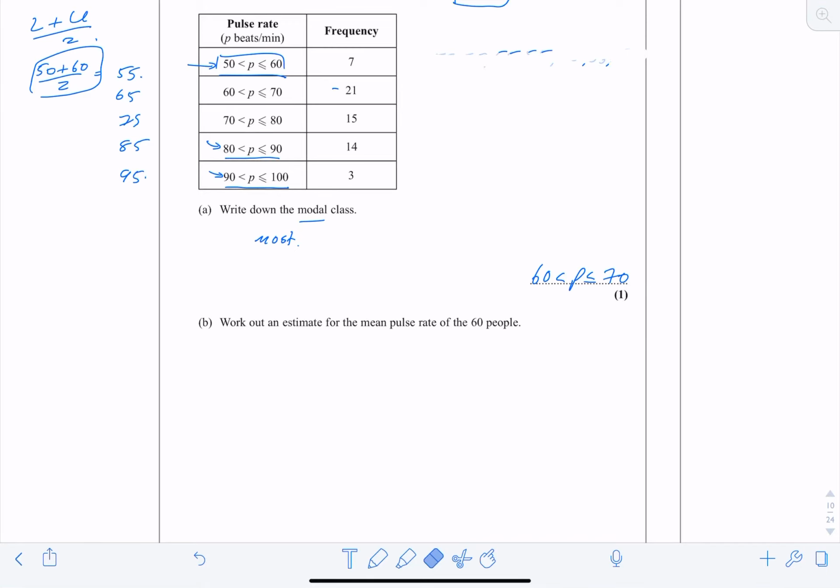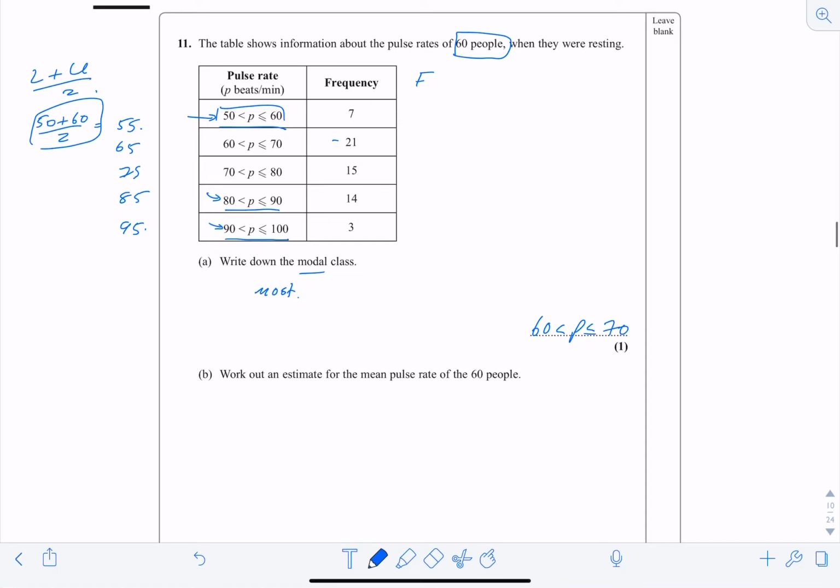So what I'm going to do is on this thing right here, I'm just going to get rid of those because it's stupid. I'm going to do frequency times pulse rate, and I'm going to use my middle number from over here, and I'm going to work those out on my calculator. So I'm going to do 7 times 55 because that's the same as 55 plus 55 plus 55, doing that 7 times.